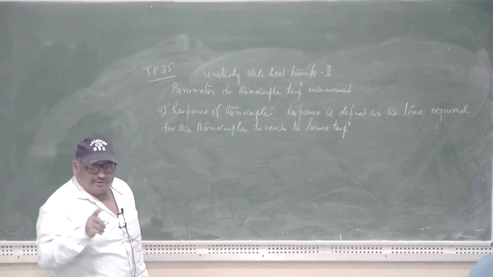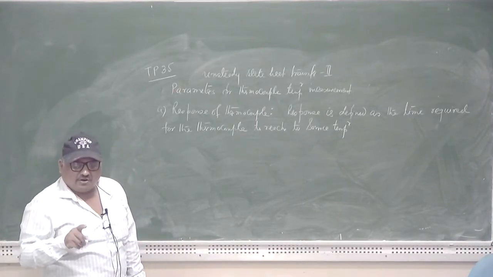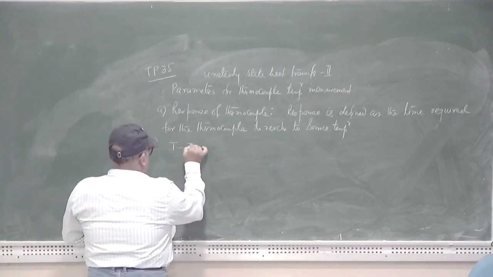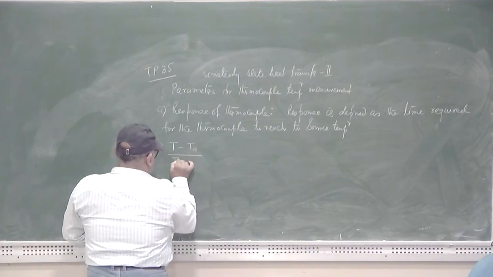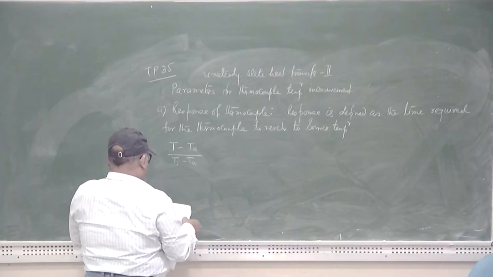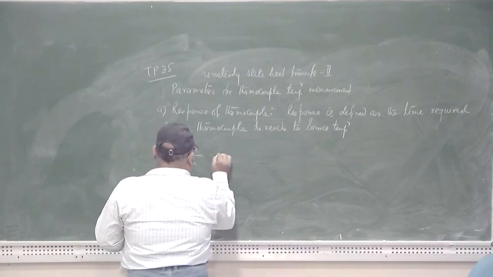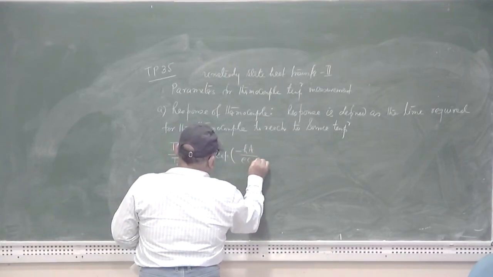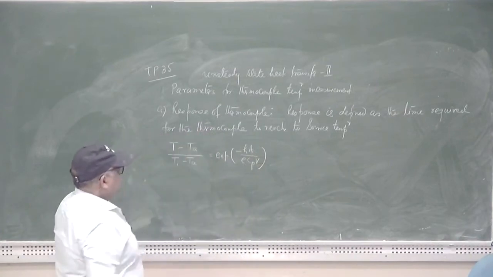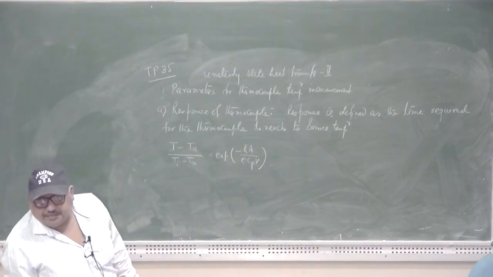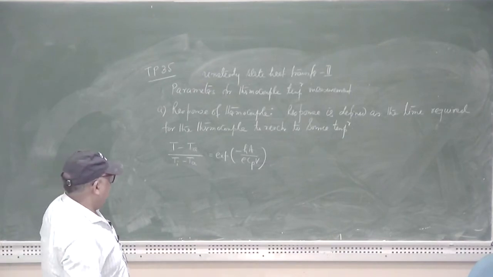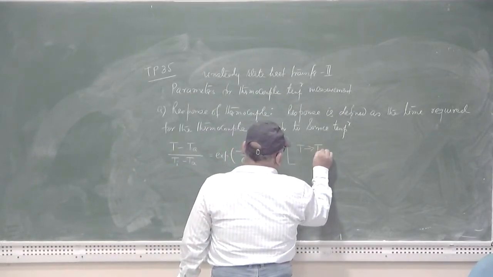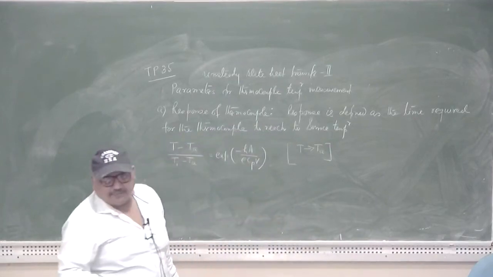Now, referring to the equation for the unsteady state heat transfer, T minus Ta divided by Ti minus Ta should be equal to exponential of minus hA divided by rho CpV into t. If I am saying that the thermocouple is reaching the temperature of the source, it means T tends to Ta, the temperature of the ambient air.